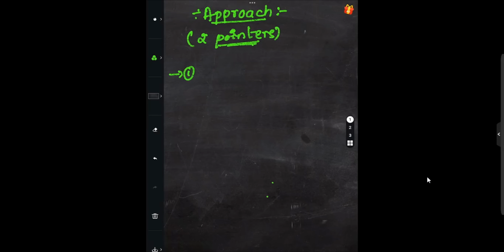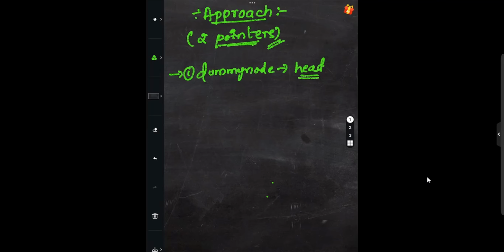First, we are going with the two pointers technique. The first step is to make use of a dummy node that points to the head of the list.